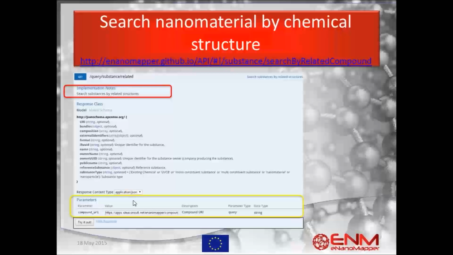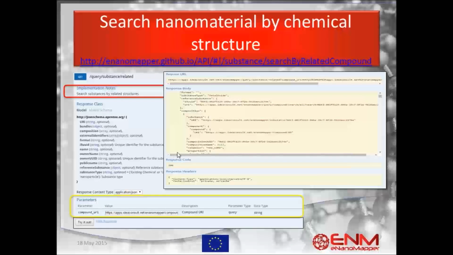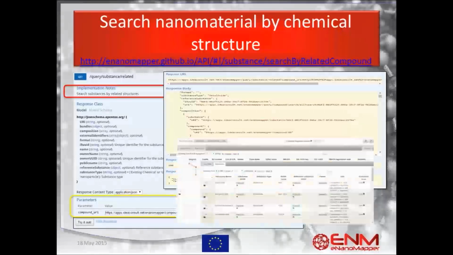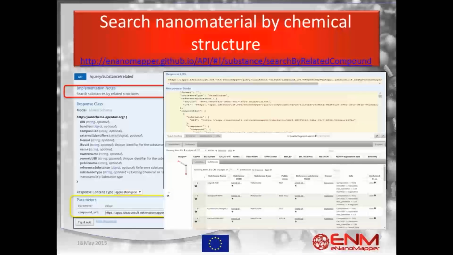What I'm demonstrating here is looking for titanium dioxide SMILES, which represents the chemical structure. We can select the output formats. This variety of formats comes from the OpenTox API, and this is RDF, a semantic format for describing the result. And of course, once we receive the result, we can do something nice with it and do some visualization.